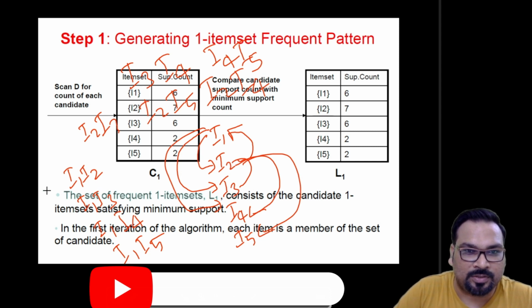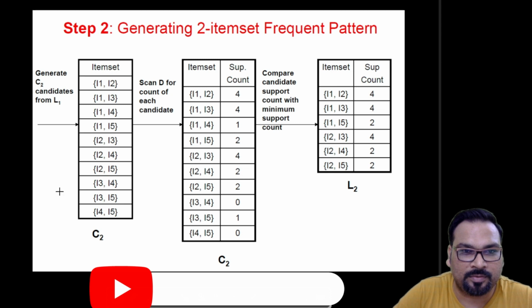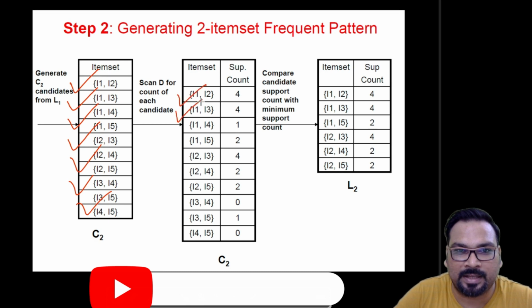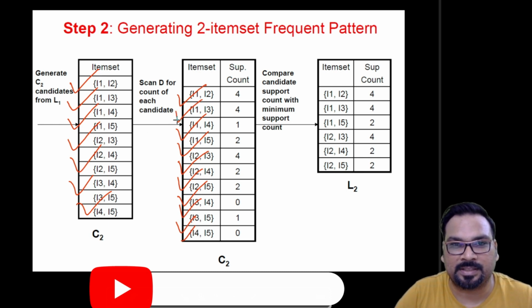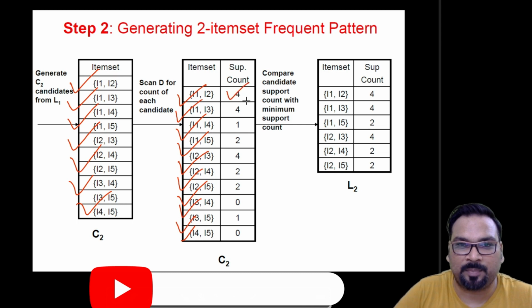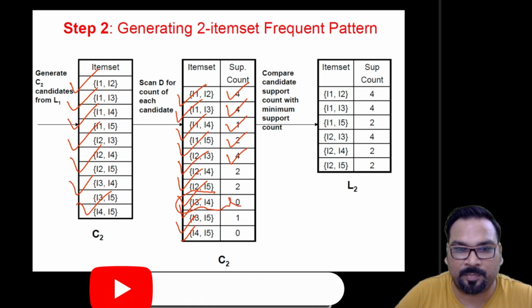After having this, we will formulate C2. Here we have written all possible 2-item sets, and now we will write their support, meaning how many times they have occurred in the set of transactions. So this has happened 4 times, 4 times, 1 time, 2 times, 4 times, and this has never happened.